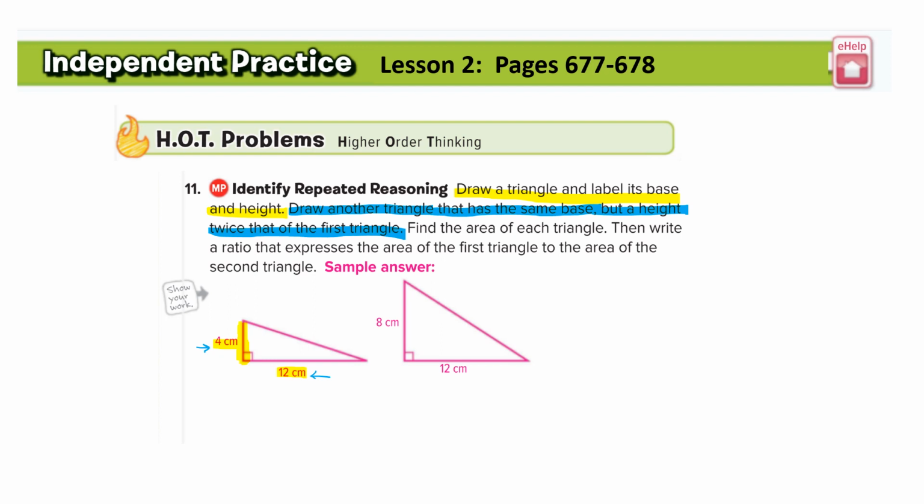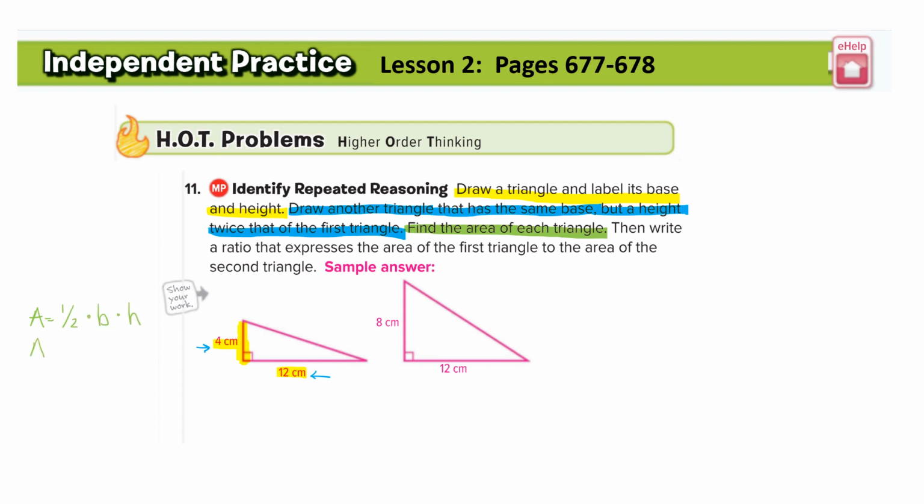Next part of my question, I'm going to go with the green highlighter. Whoops, that's a blue highlighter, sorry guys, green. Find the area of each triangle. For our smaller triangle, the area equals 1/2 times the base times the height.